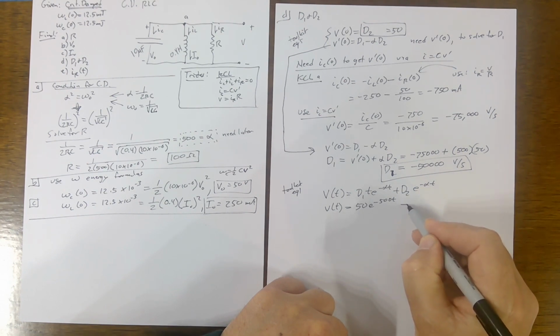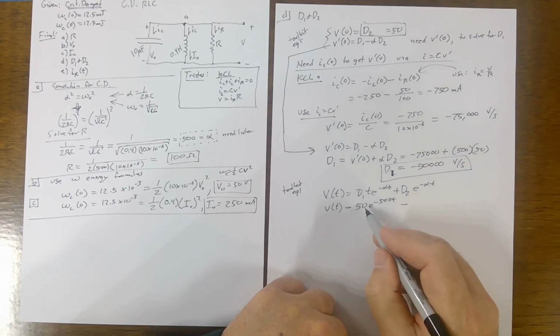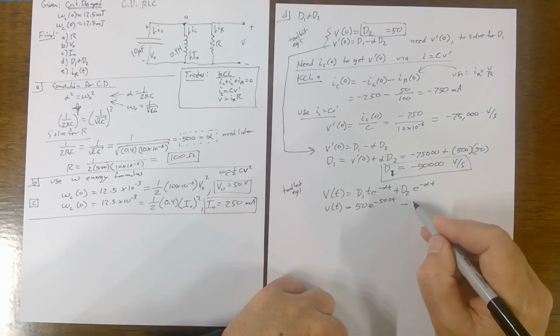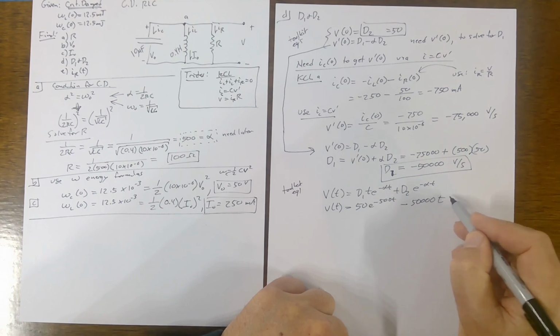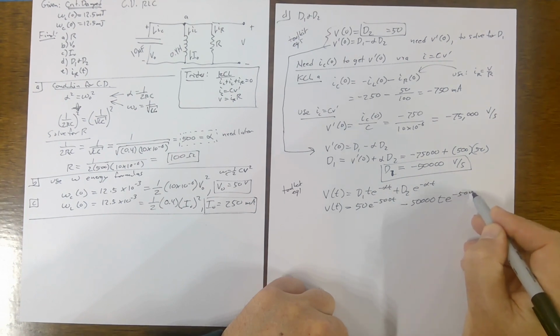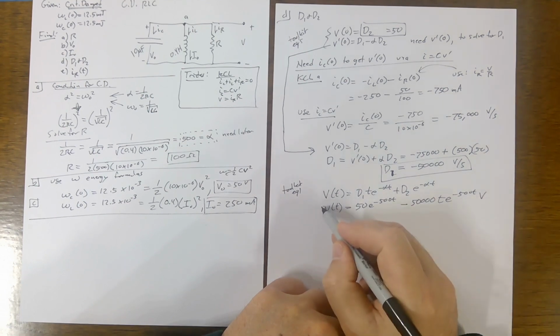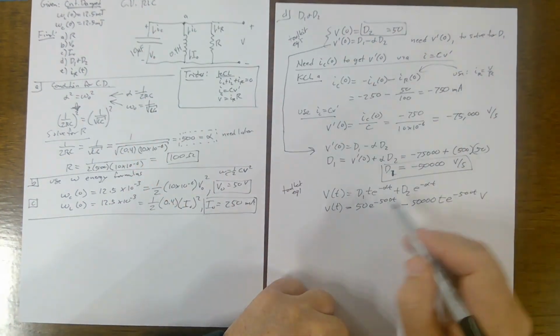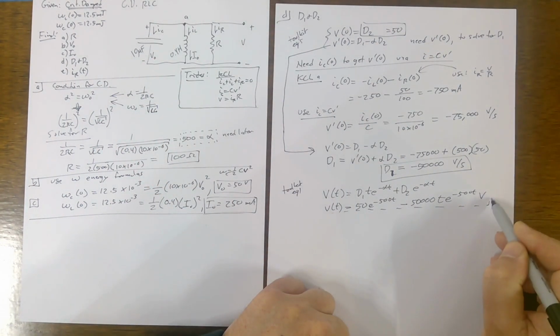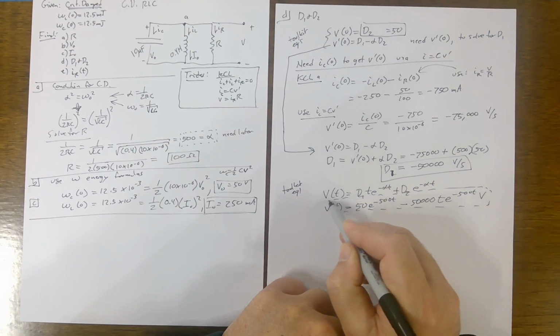And then D1, flipping these around so that you get plus on this side, minus on this side, is minus 50,000 t e to the minus 500 t. They're not asking for that as a solution, but it's a handy thing we need there.